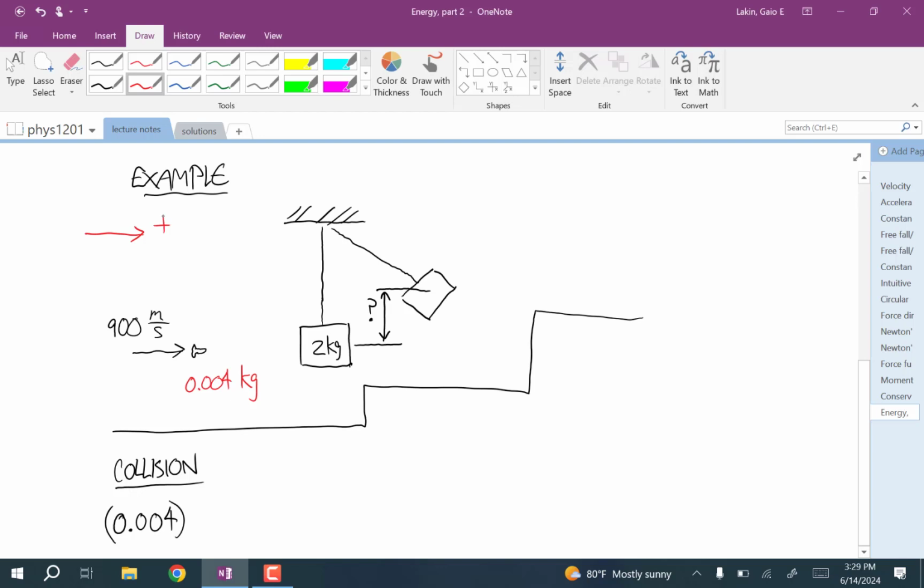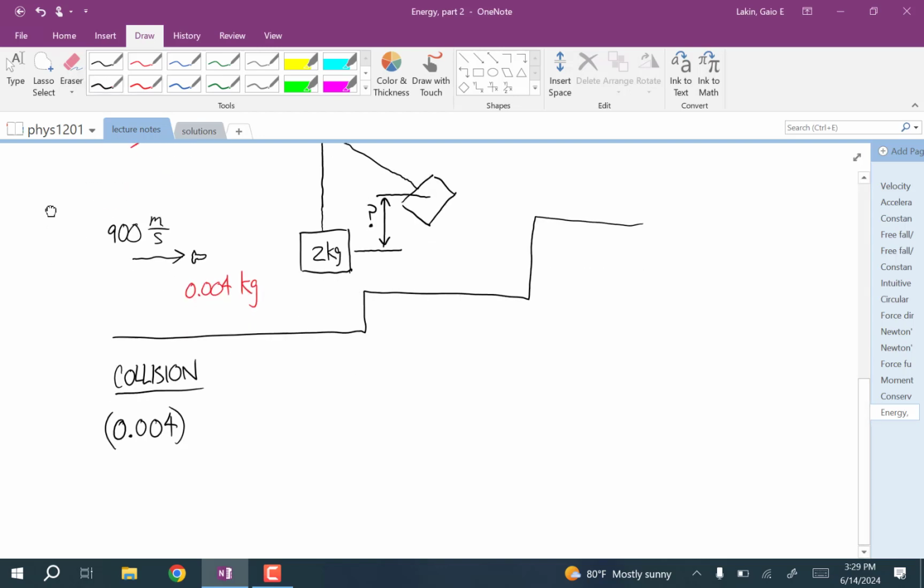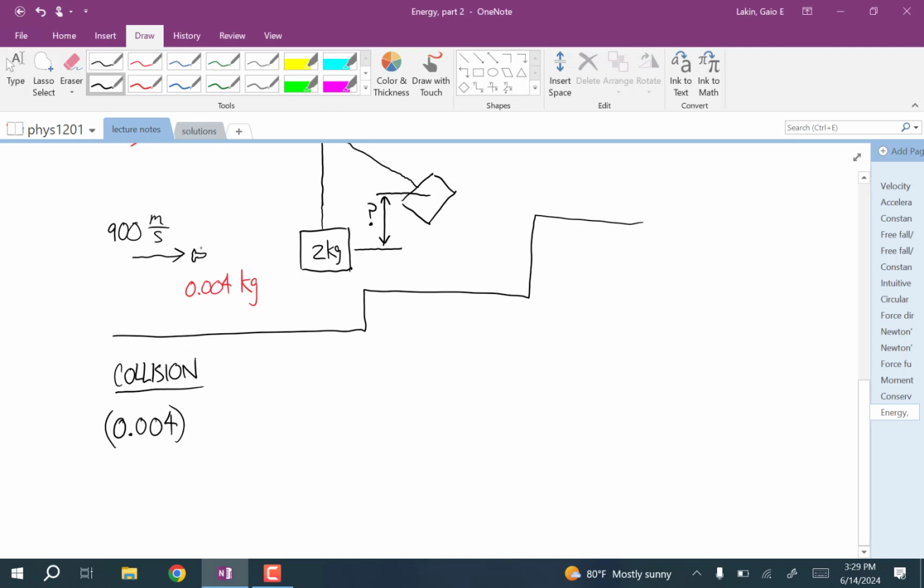I'm going to choose positive direction to the right. And so that 900 meters per second, the velocity is positive 900. And then we'll add that to the mass of 2 kilograms times the velocity of 0 before the collision.